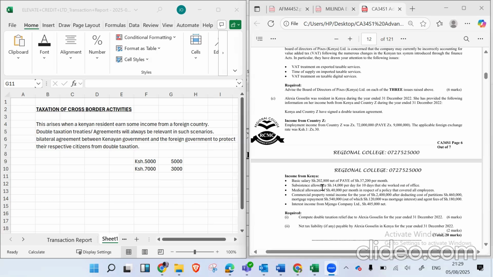Medical allowance of 40,000 per month in respect of a policy that covered all employees. Now the government discourages discrimination. The medical benefit. We're not looking at the medical allowance, we're looking at the medical benefit.